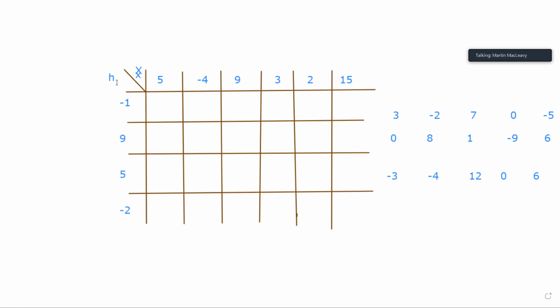Okay, so here we have our system impulse response. Here we have our input signal. Let us determine that this one here represents x0, and let us say that this one represents h0.